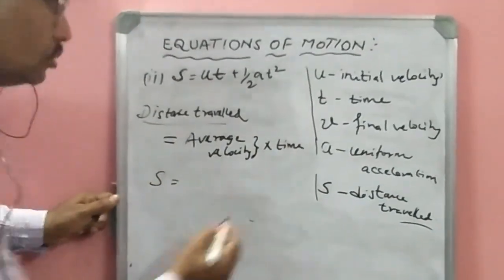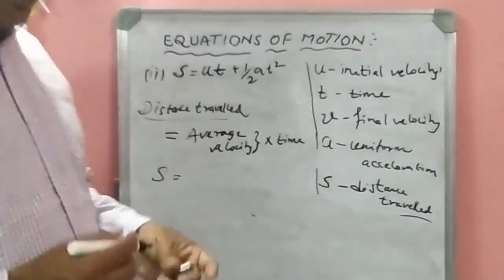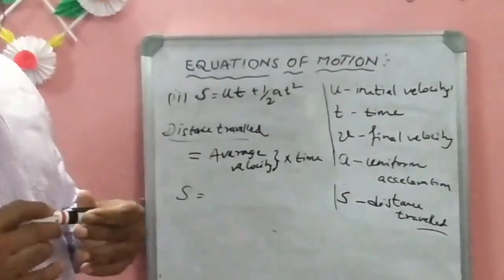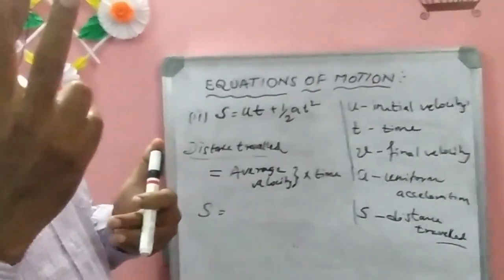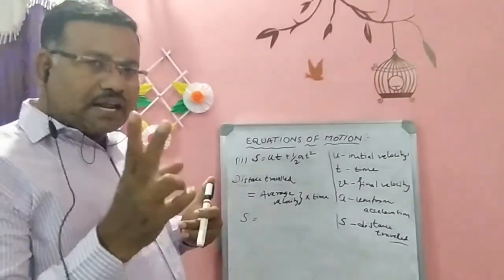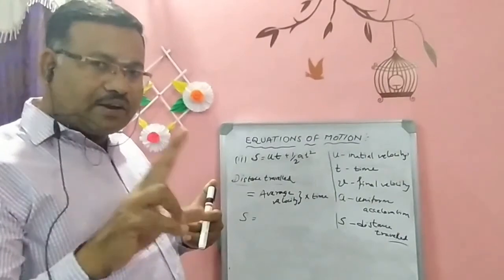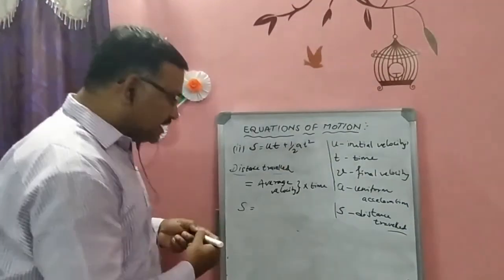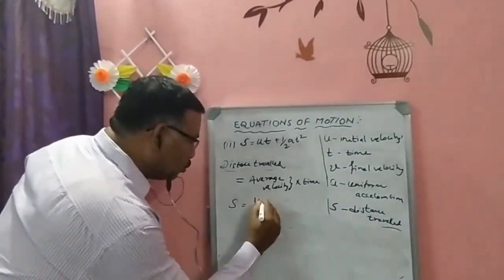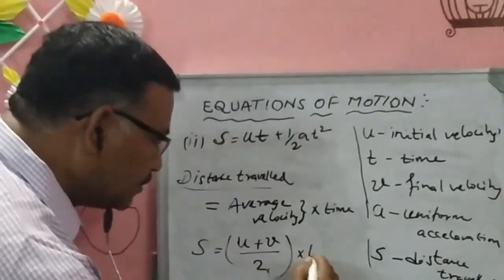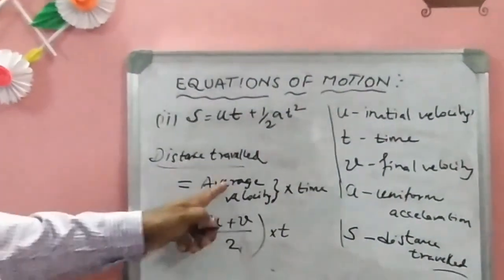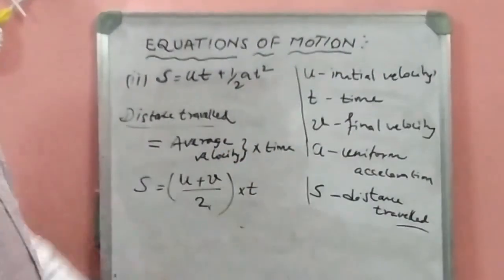So s is equal to, what do you mean by average? If you are having two quantities, you will add the quantities, then you will divide by 2 because the quantities are 2. If you are having 3 quantities, you will add the quantities, you will divide by 3. Here we are having 2 velocities, so we are taking average, u plus v by 2 into t. This is called average velocity, by 2, into time.